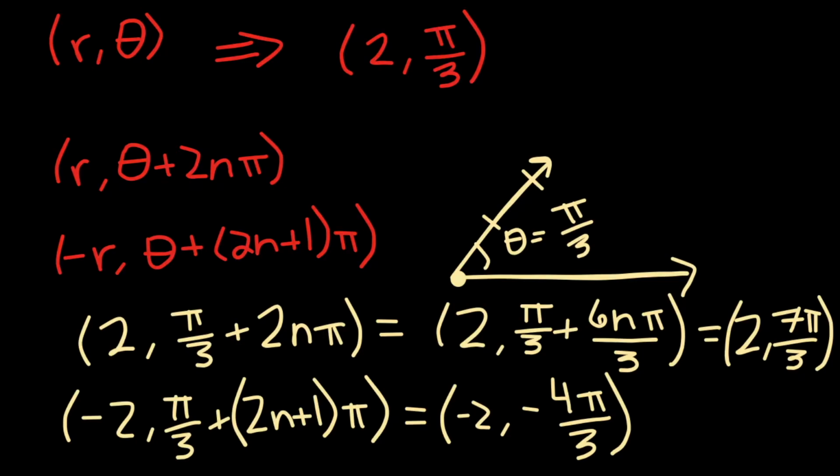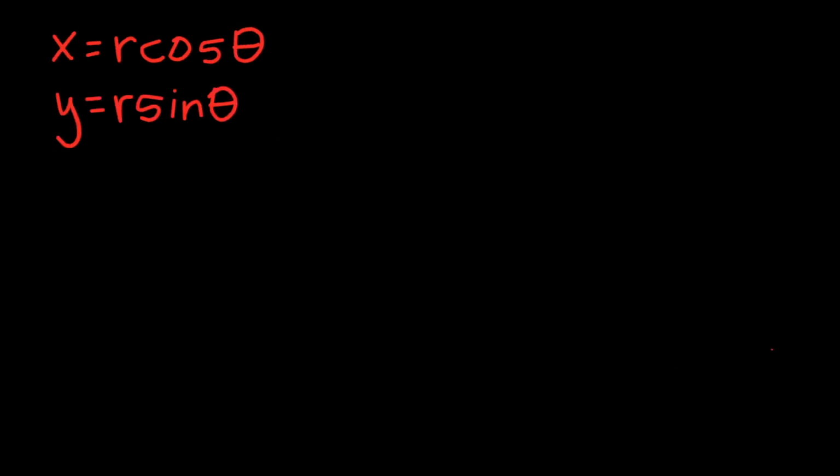The negative in front of the 2 flips the ray back into the first quadrant and into the original position. Just like when measuring angles, there are an infinite amount of polar coordinates equal to the original, and can all be found by using the formulas we just covered.